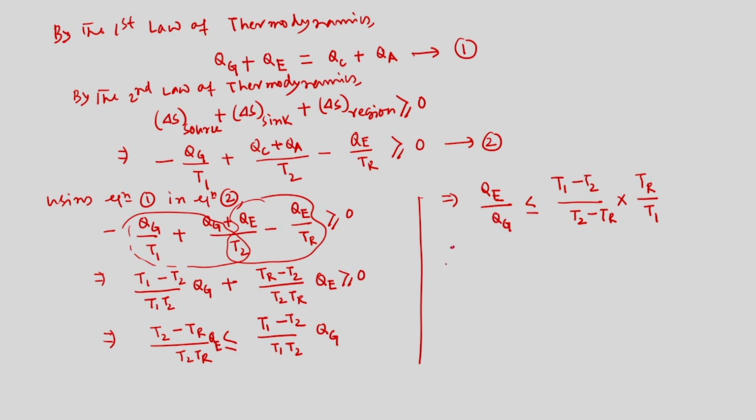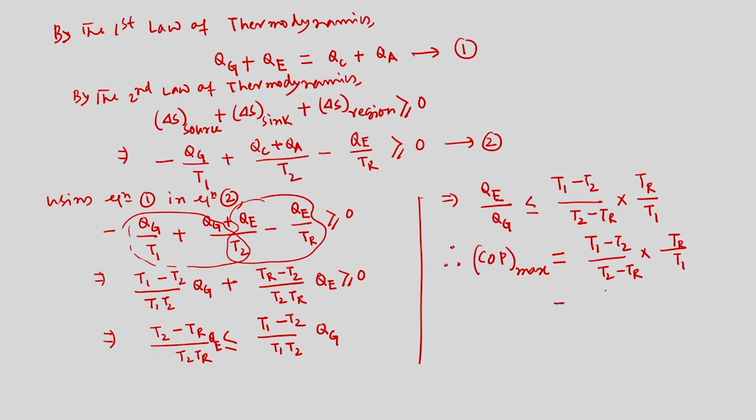So, if we are interested in COP, the coefficient of performance, that is the maximum coefficient of performance, which is equal to (T1 minus T2) divided by (T2 minus Tr) multiplied by Tr by T1, right.